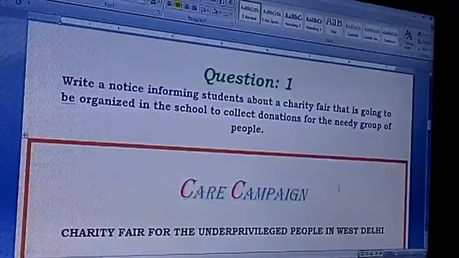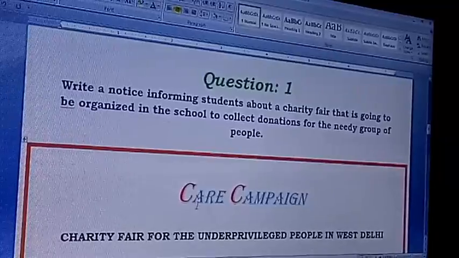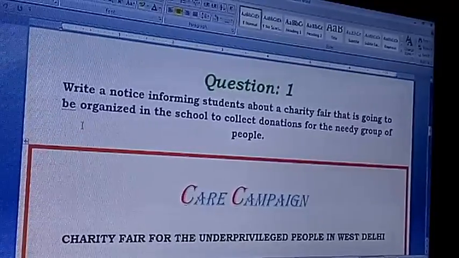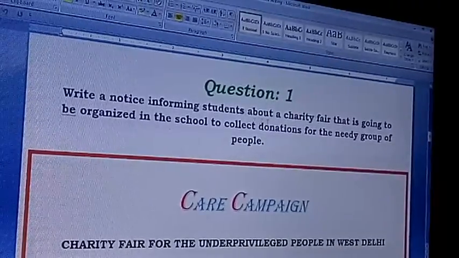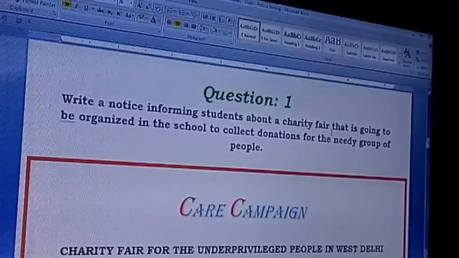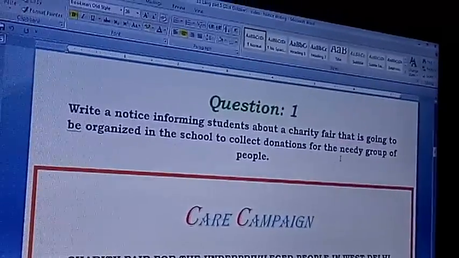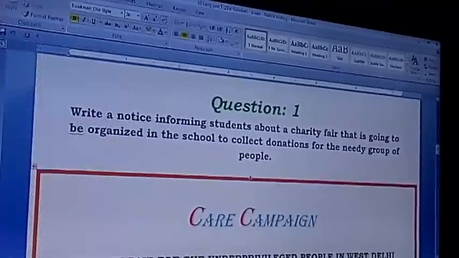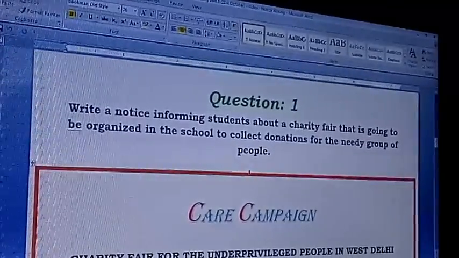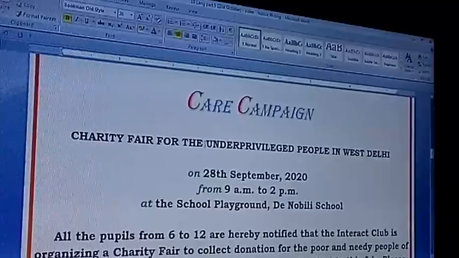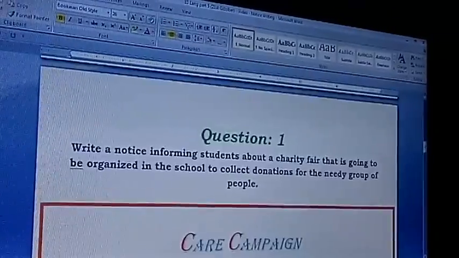So with this introduction, let us deal with the first example. Question: write a notice informing students about a charity fair that is going to be organized in the school to collect donations for the needy people around your place. Now see the creative title, how it is written and how it looks.